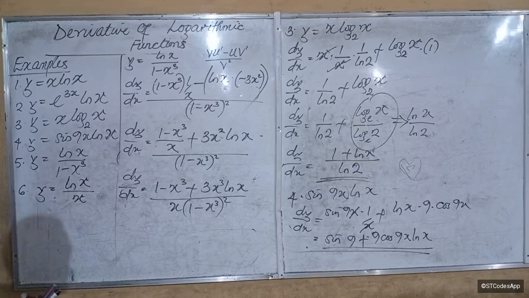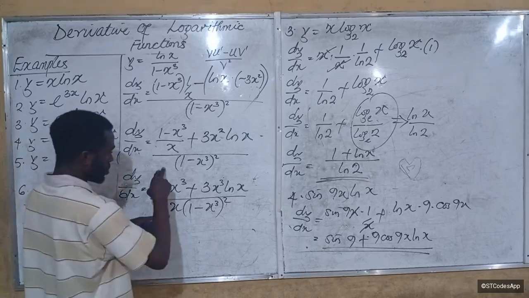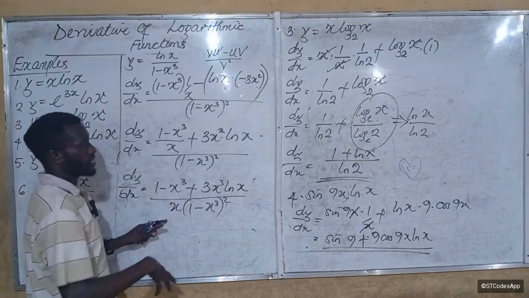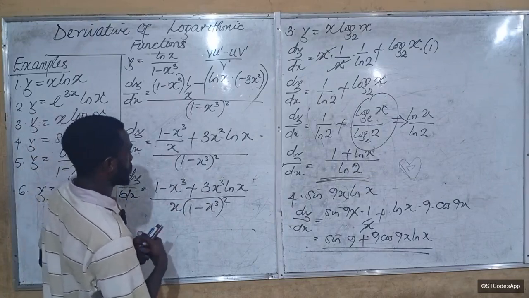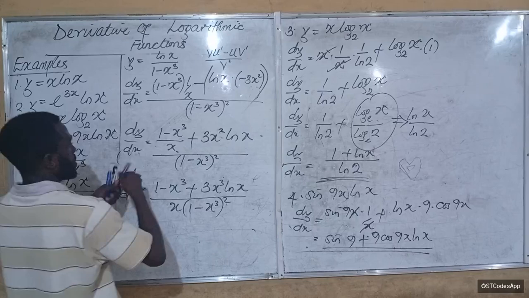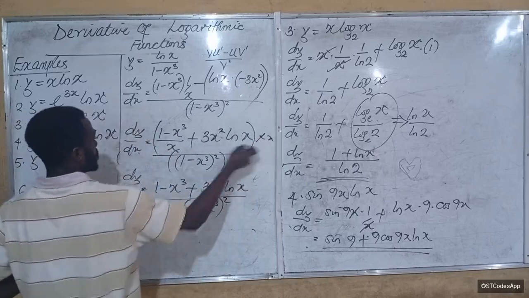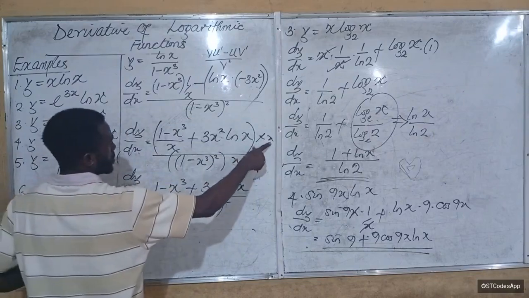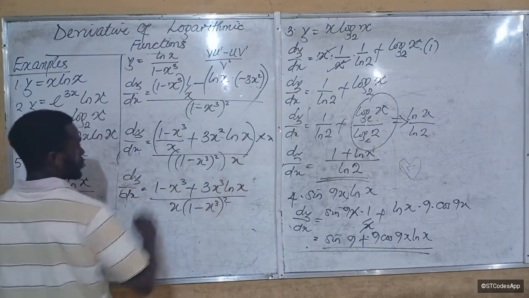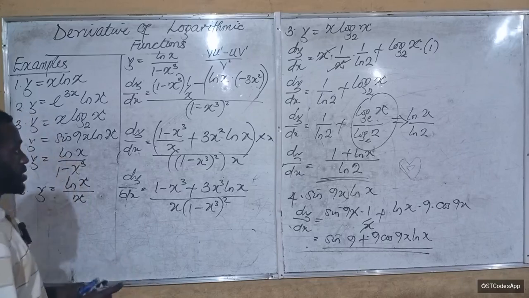So this is going to be the answer. We multiply the denominator and numerator by x, so that this will take care of this, and this will multiply this. Okay? So that's the answer then.